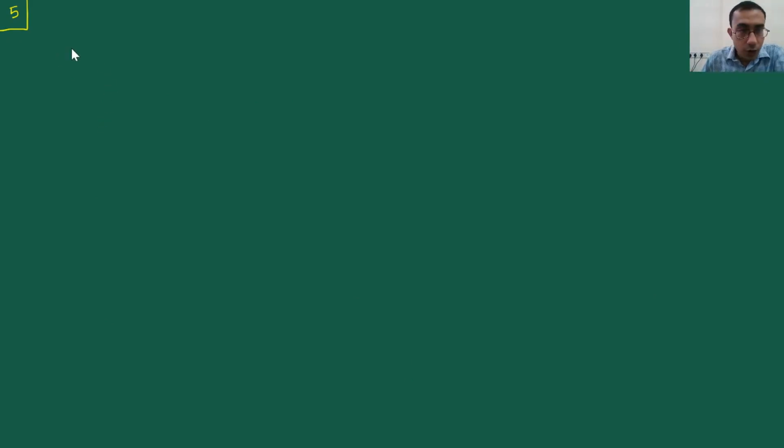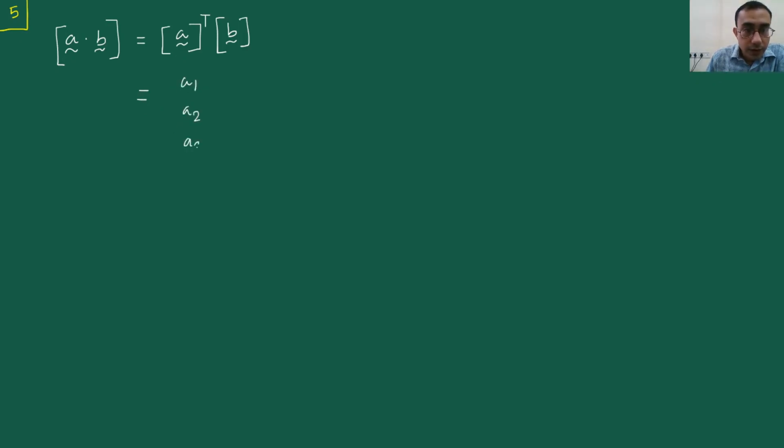Very quickly, you all know this. A dotted with B, the matrix representation of that will be this thing. So what I basically mean here is that this is equal to A1, A2, A3 transposed. Please note that this T represents the transpose.